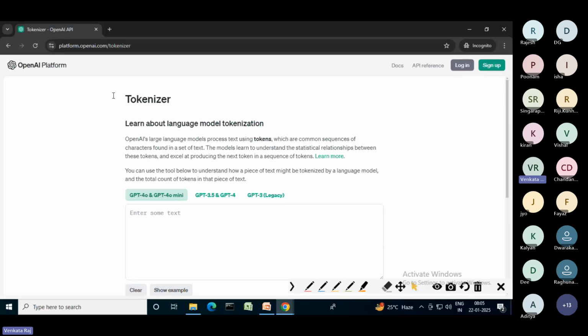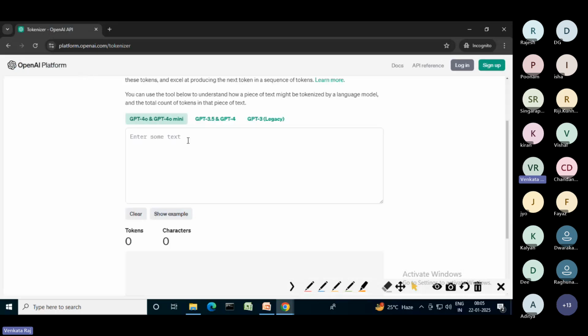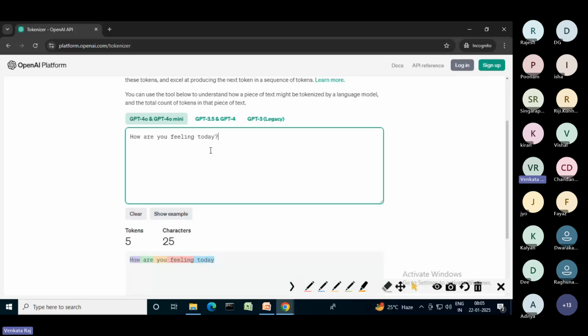You can see how the tokenizer of the OpenAI platform works. I'll enter any text. How are you feeling today? How are you feeling today, guys?